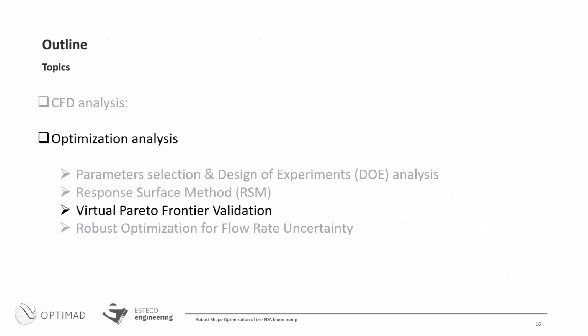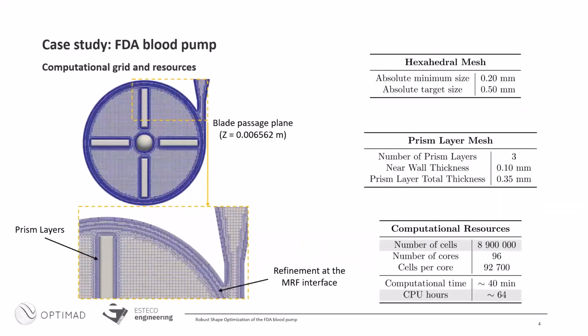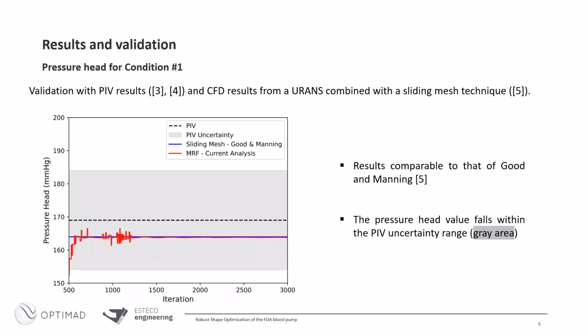The grid, okay. Basically we have this hexahedral mesh. These are the minimum and target sizes. We used 3 prism layers in order to capture the boundary layer phenomena. We generated this grid because it's very similar to the computational grid of the work of Booth and Manning, the people who performed the transient analysis with the sliding mesh approach.